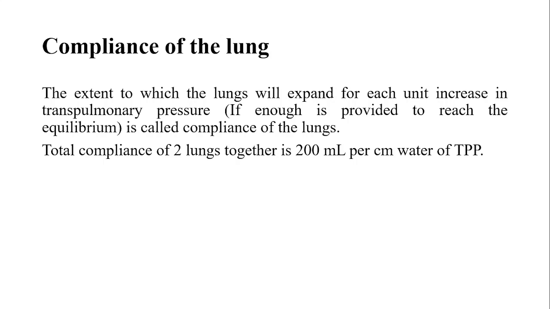Now, the compliance of lungs. Compliance means the extent to which the lungs will expand for each unit increase in the transpulmonary pressure. The total compliance of both lungs together is about 200 ml per centimeter of transpulmonary pressure. That means each centimeter increase of transpulmonary pressure will allow the lung to expand by about 200 ml.